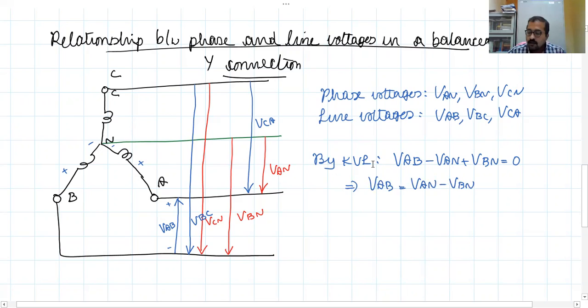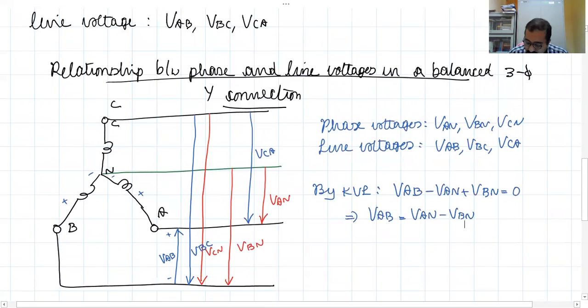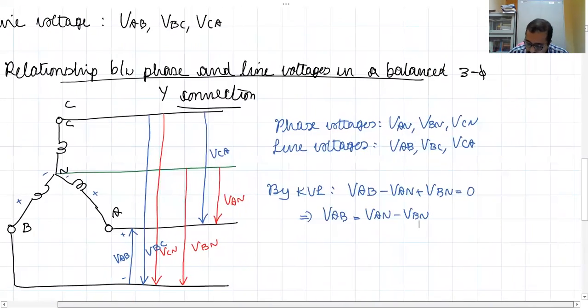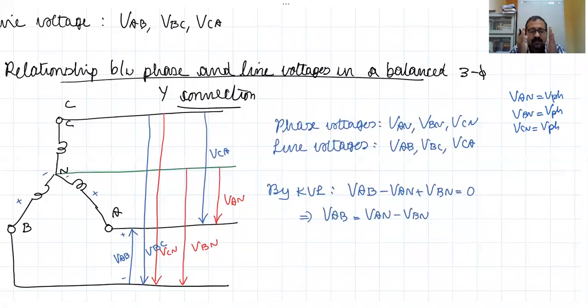Now we are considering a balanced three-phase connection. Since it is balanced, I can write the magnitude of VAN as VPH, VBN magnitude as VPH, and VCN magnitude as VPH. It's a phase voltage, right? Since it is a balanced supply system, coils are identical, so all the phase voltage magnitudes are one and the same, VPH.